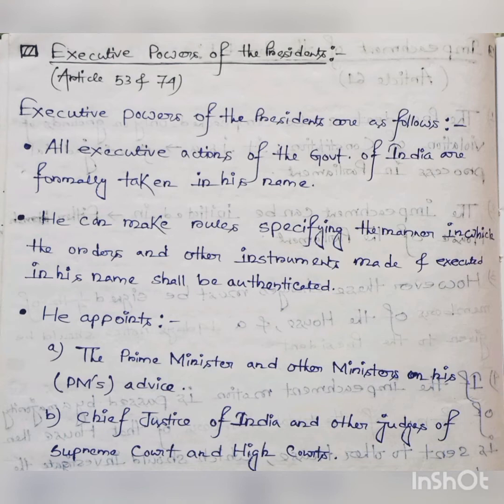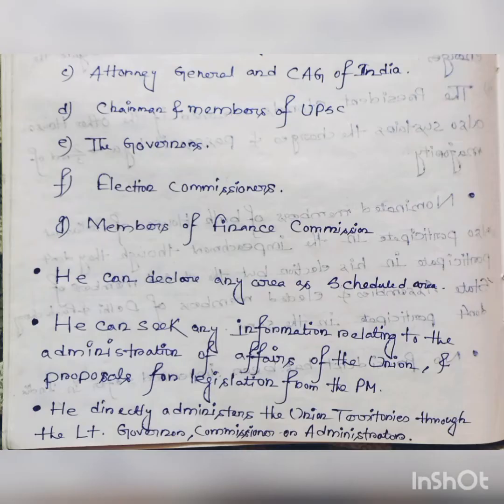He also appoints, number 2, the Chief Justice of India and other judges of the Supreme Court and High Courts. Attorney General of India, CAG, Comptroller and Auditor General of India. Number 4, Chairman and members of UPSC. Number 5, the Governors of the states. Number 6, the Election Commissioners of India.